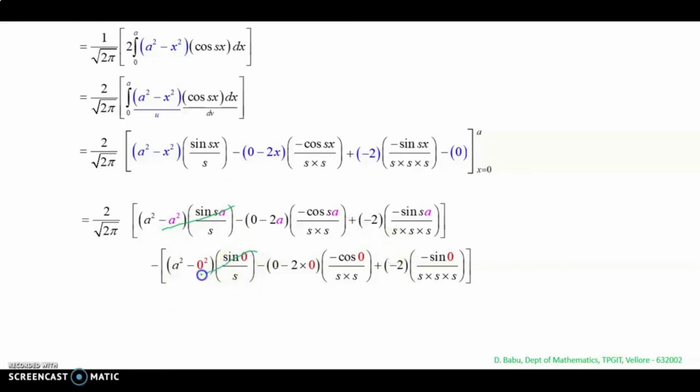So 0 into anything is 0. Next, 2 into 0 is 0. So what is sin 0? Sin 0 equal to 0. So the remaining term is 2 by square root of 2 pi, minus into minus, minus 2a cos sa divided by s square. Here minus into minus is plus 2 sin sa divided by s cube.